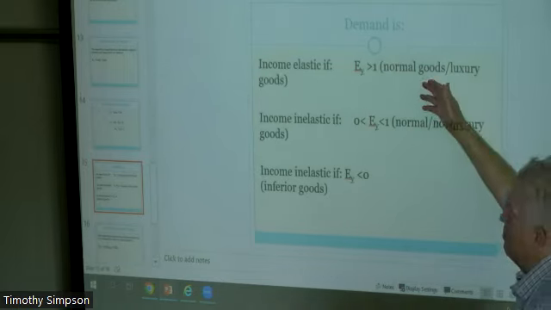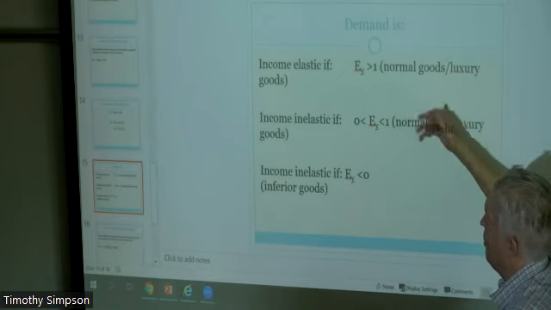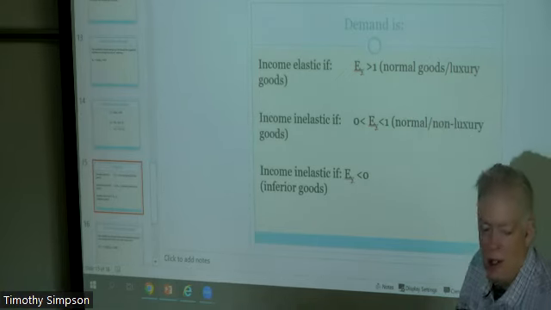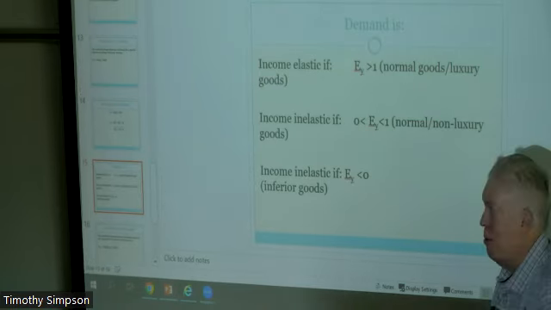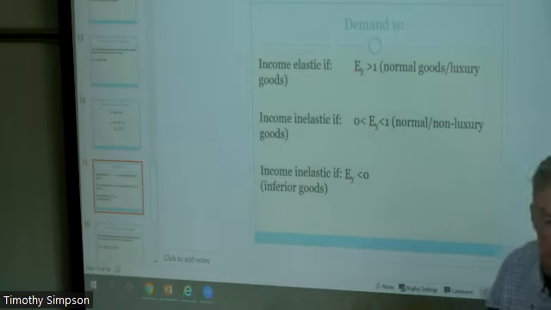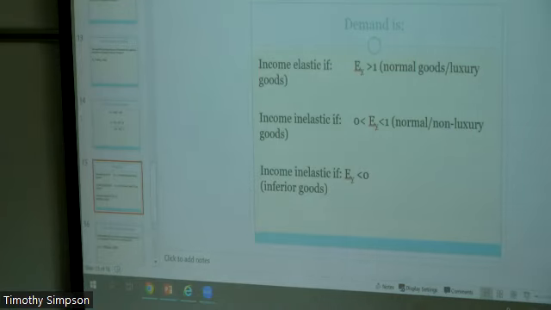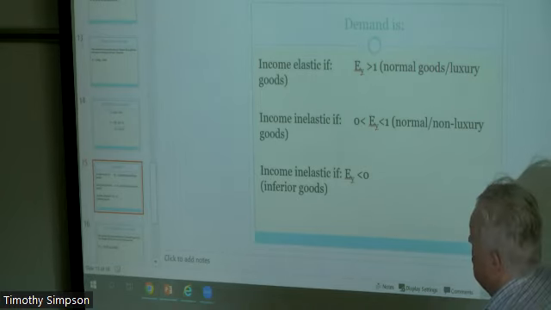They go in the same direction. And why you want to know this if you're a seller is you want to know what's happening with buyers' incomes. It might not be a great time to try to make a big promotion on selling Rolex watches and jewelry, if in fact the economy is doing poorly, or selling high-end products or travel or Disney World vacations or things like that, if people's incomes are not rising.